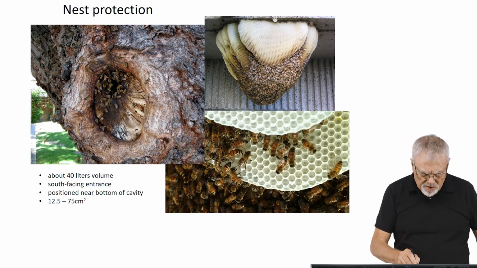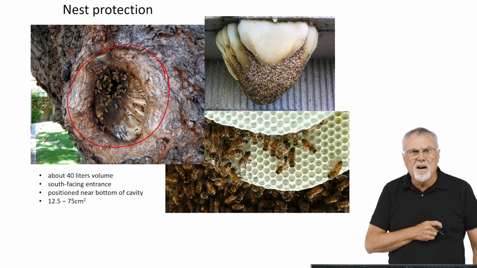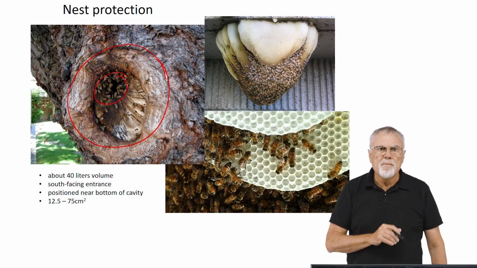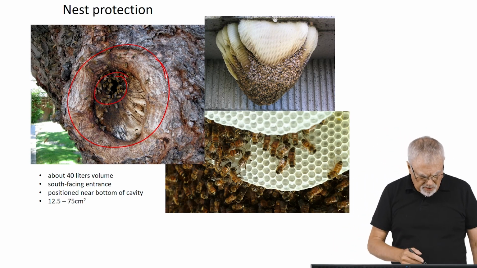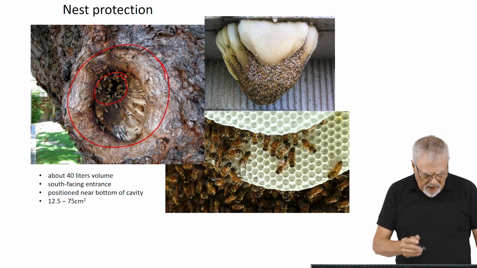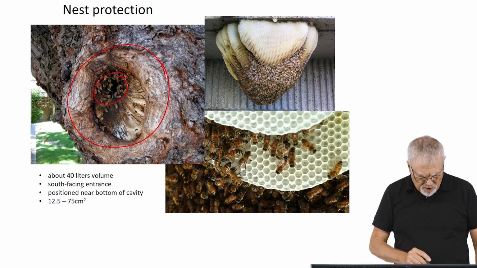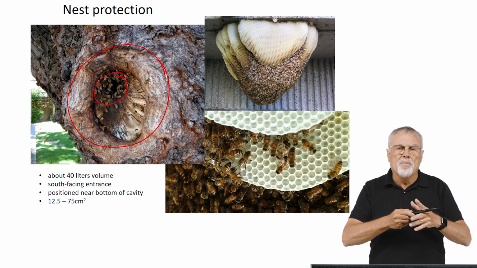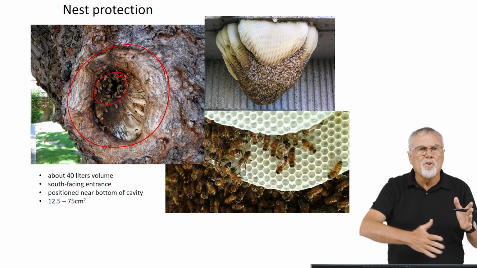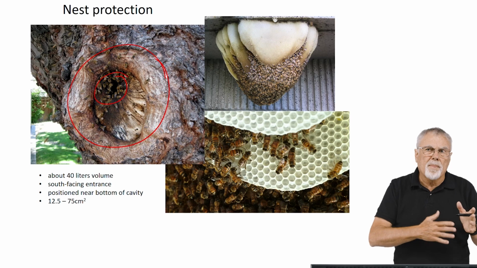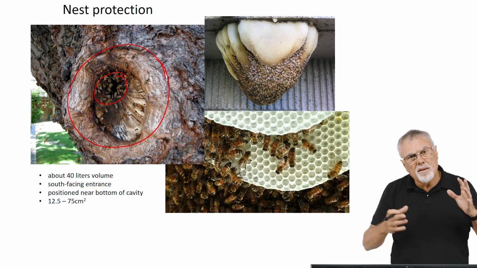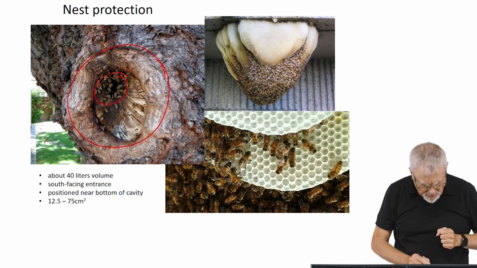In this case, you can see they've selected a hollow tree. This is the entrance into that hollow tree. Typically, entrances are south-facing. They're positioned near the bottom of the cavity. This provides a flow of air for them so that they can better thermoregulate the nest and regulate the amount of humidity that builds up inside of it.